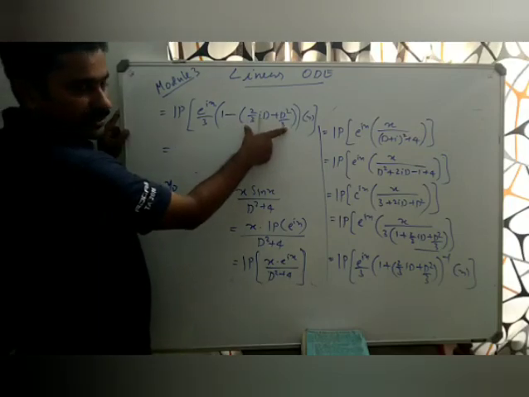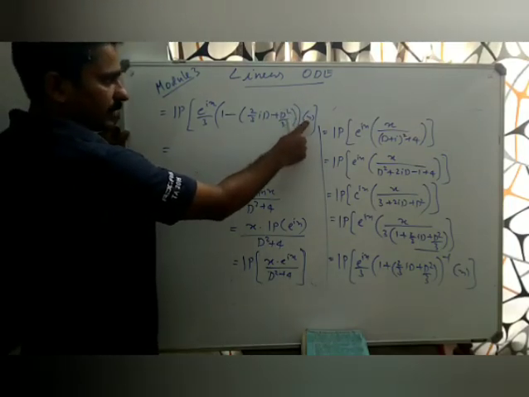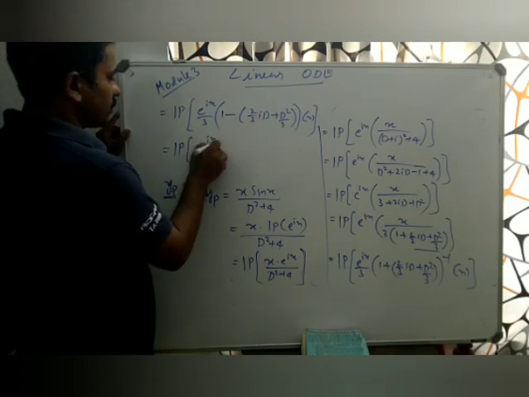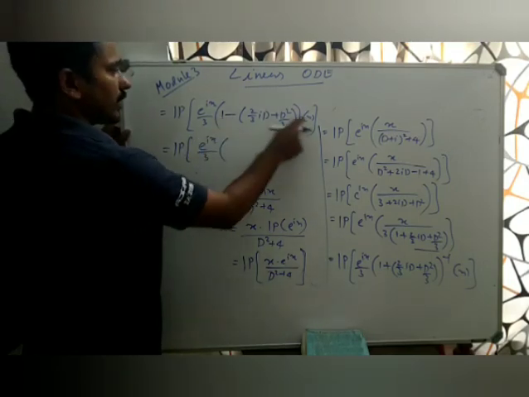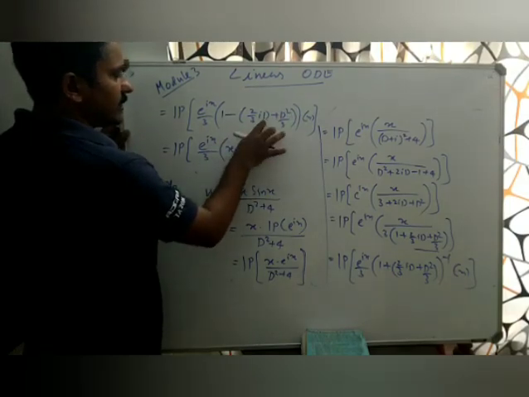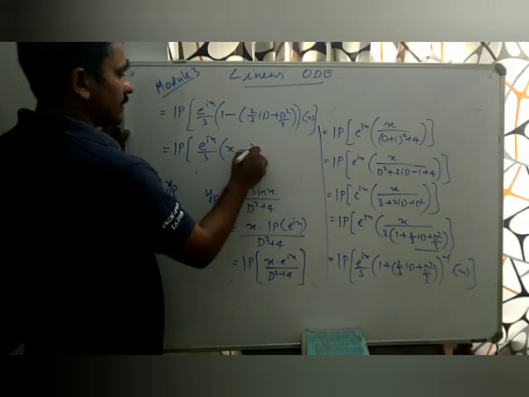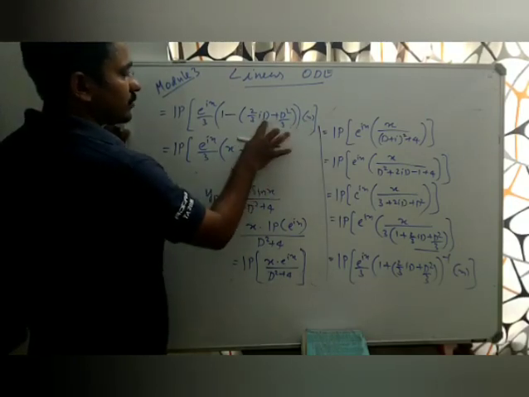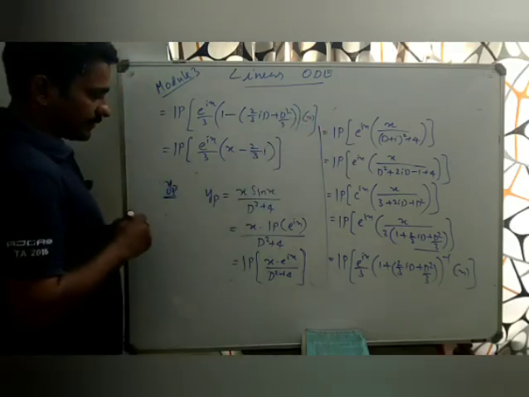Higher order terms are not required, as this one is a function of x, I mean, a polynomial of degree 1. So it's imaginary part of e to the power ix by 3 times, you multiply this, 1 times x is x minus, now its derivative of x is just 1, so you'll get 2 by 3 i, derivative of x is 1, second derivative of x will be 0, that's it you will get.